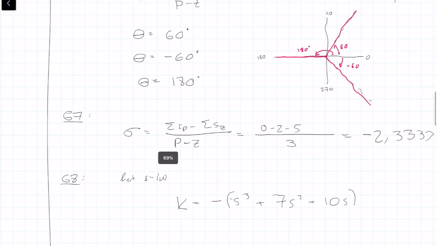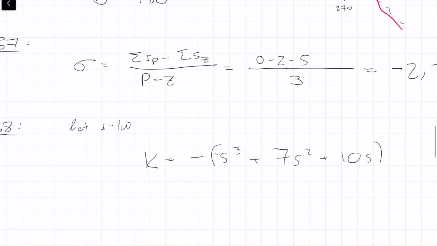Once we have that, K equals minus, and we're putting in i omega now. So that's going to be, actually let's pull the minus in, minus (i omega) cubed minus 7 (i omega) squared minus 10 i omega.